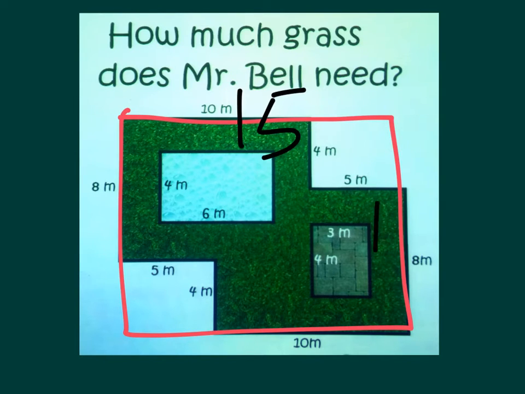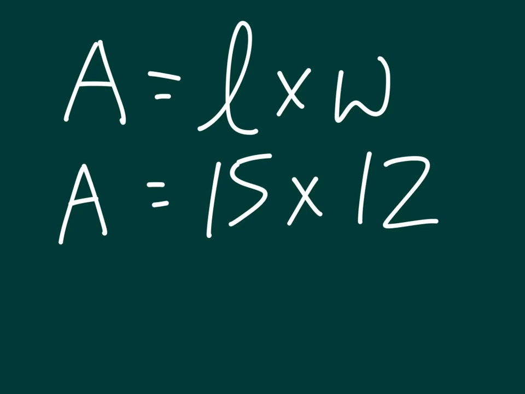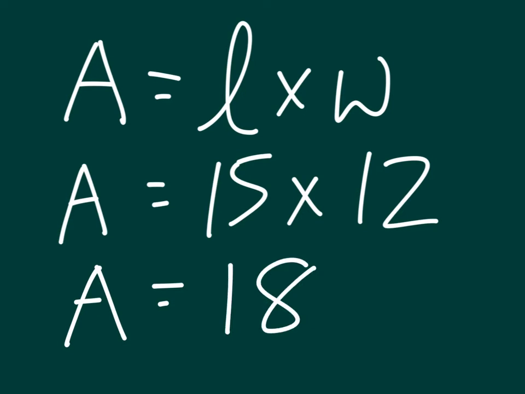So this whole big thing is 15 by 12. We calculate area by multiplying the length of a rectangle by its width. In this case, our length is 15 and our width is 12. And as our calculator will tell us, 15 times 12 is 180.